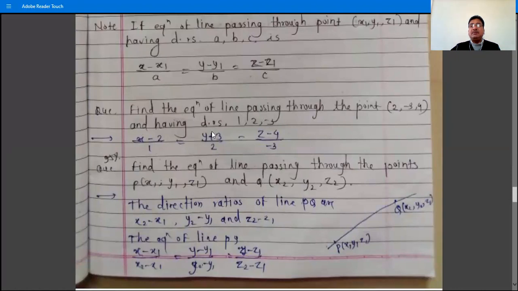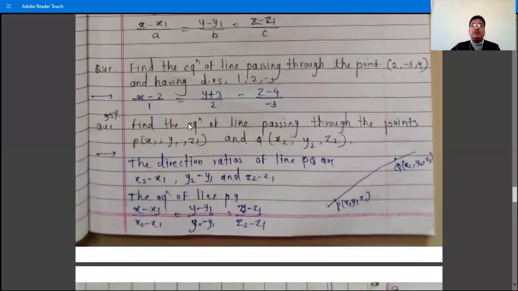The equation of the line in symmetrical form is (x minus 2) by 1, (y plus 3) by 2 and (z minus 4) divided by minus 3. So this is the equation of the line passing through this point and having these direction ratios.